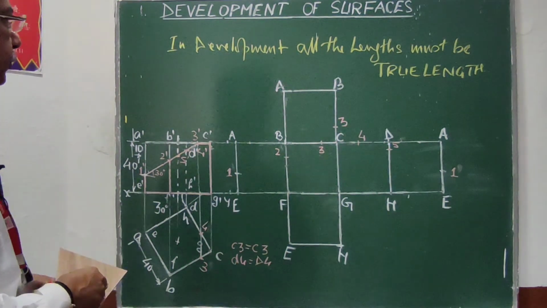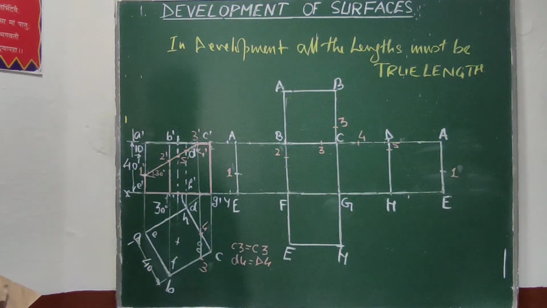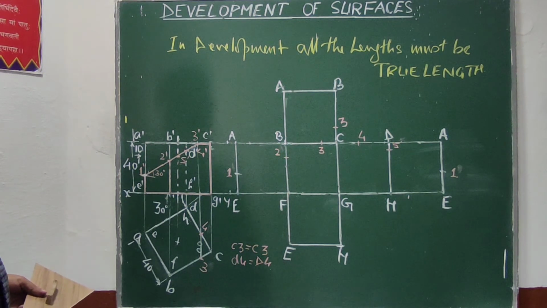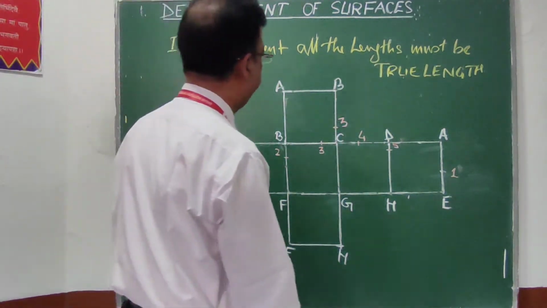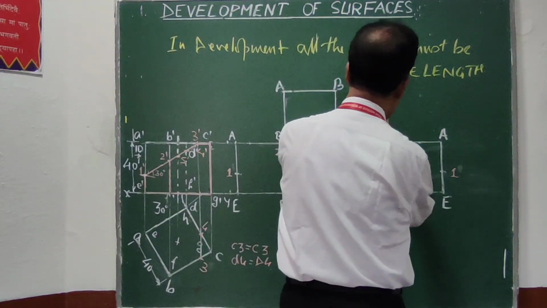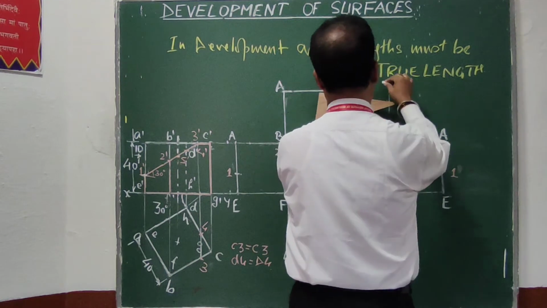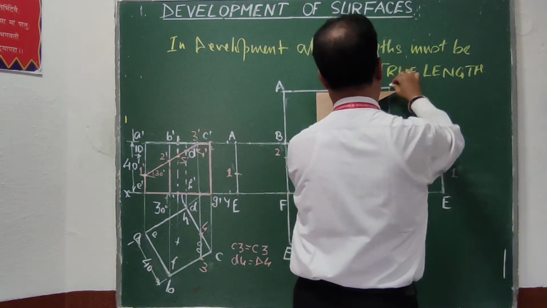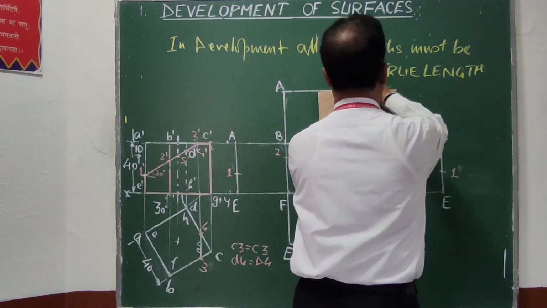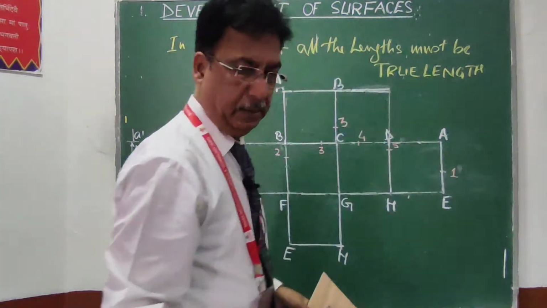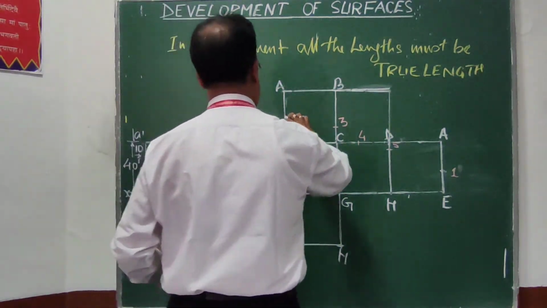And what I am going to do, this A, B, C, D, if you remember, 3, 4 will be coming on this development. So I will open this flank this way, not in the second position. Instead of that, I will open it here and remove it from here.